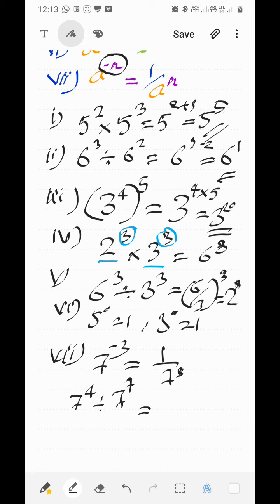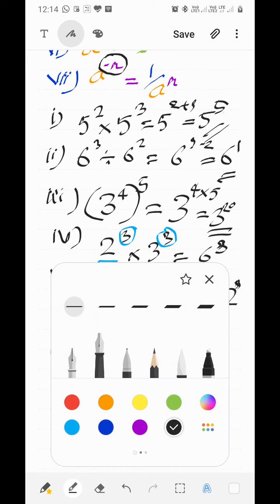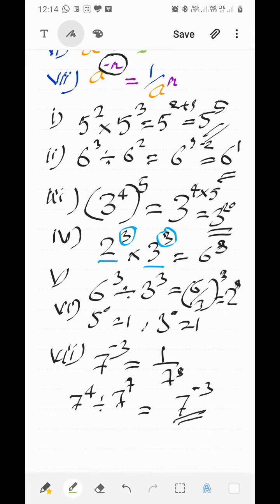What? This is by the second law, right? Second law of exponent. Same base and different exponent and dividing. What we have to write? 7 raised to 4 minus 7. This is the condition when the exponent becomes negative.